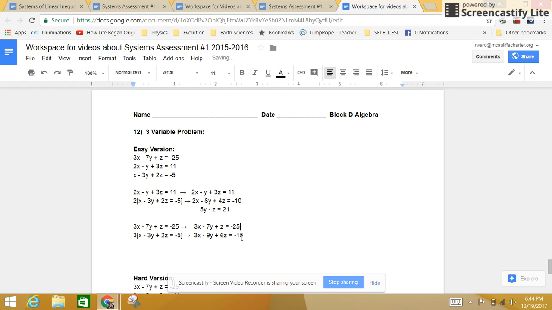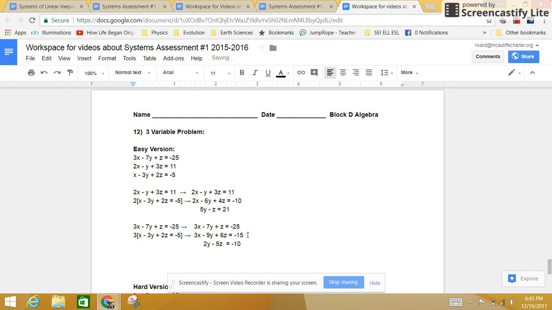Now I have two x terms that have the same coefficient, so I can just subtract. 3x minus 3x is nothing. Negative 7y minus negative 9y is 2y. And z minus 6z is going to be negative 5z. And negative 25 minus negative 15 equals negative 10.